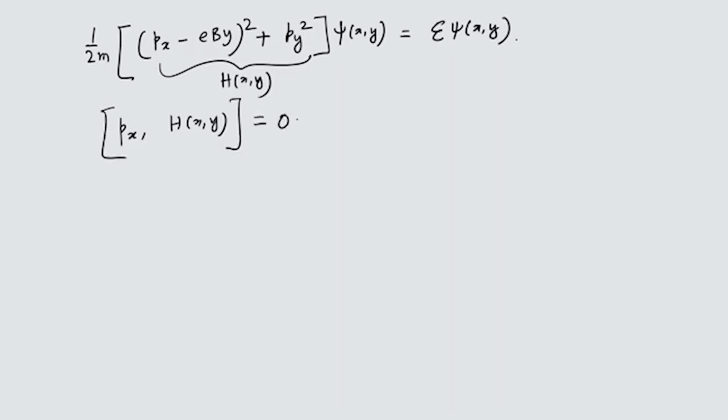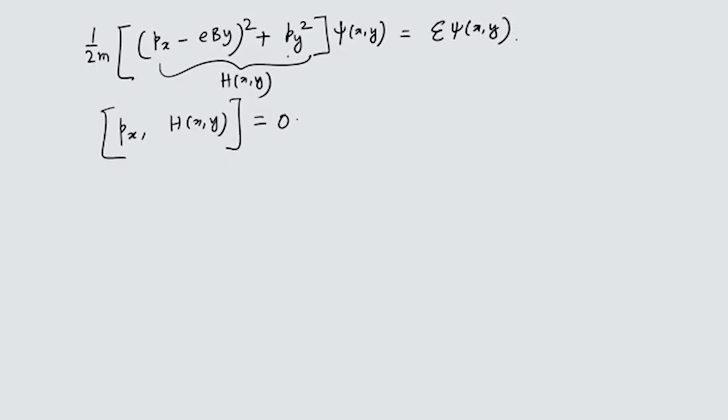And the reason is that there is no x variable here. Had there been an x variable, then there would be no commutation between Px and H, but because we have decided to take the vector potential in the x direction with a By, that's why this Px commutes with the Hamiltonian.